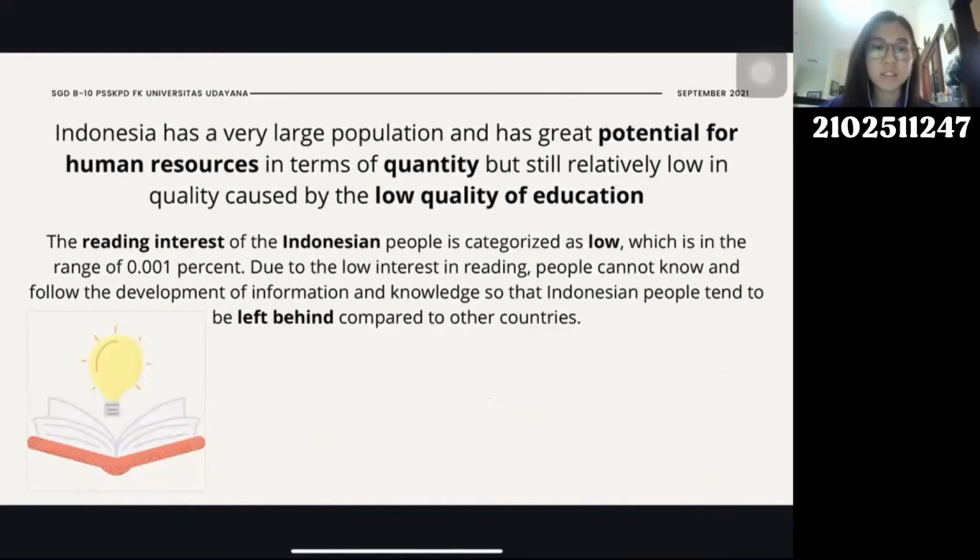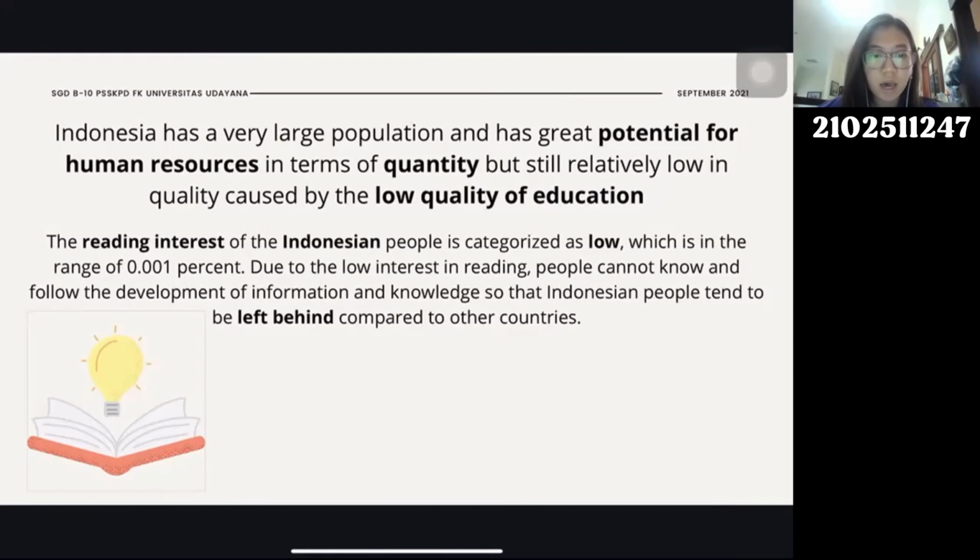Okay, I will continue. Indonesia has a very large population and has great potential for human resources in terms of quantity. However, the quality of human resources in Indonesia is still relatively low, caused by the low quality of education. The reading interest of Indonesian people is categorized as low, in the range of 0.1%.